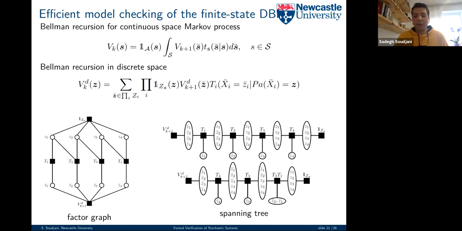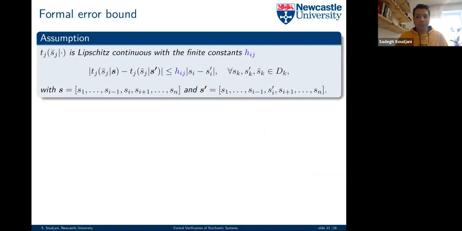Then we have an optimal way of taking the product first and then sequentially taking the summation over the variables to make the approach more efficient. There are also some approximation algorithms, for example, message passing and so on. I don't go into the details, but just wanted to clarify that once we have this in the discrete domain, there are efficient methods for performing the computation.